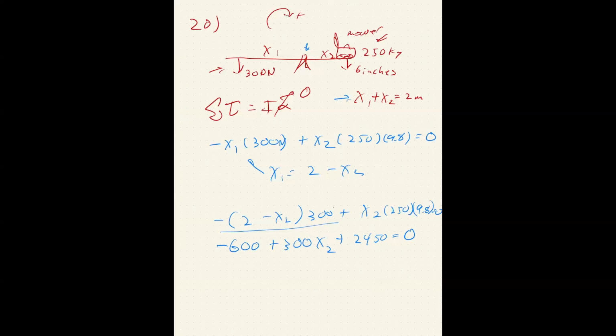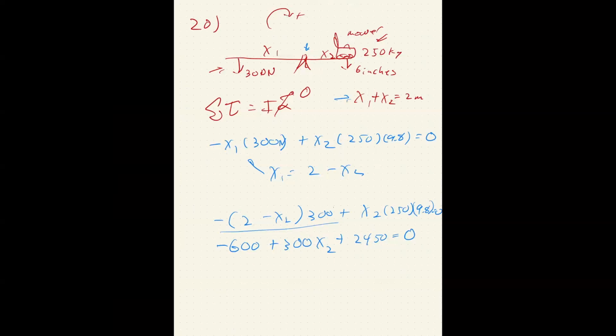Where did I make the mistake? So we look at this here. We have this to the 2, right? So therefore I solve this. x1 will be 2 minus x2, so you get a positive x2 there. 250 kilograms, and we have a net force.